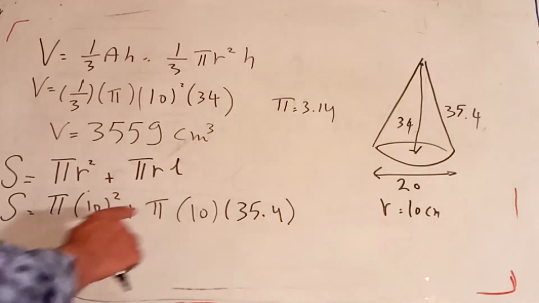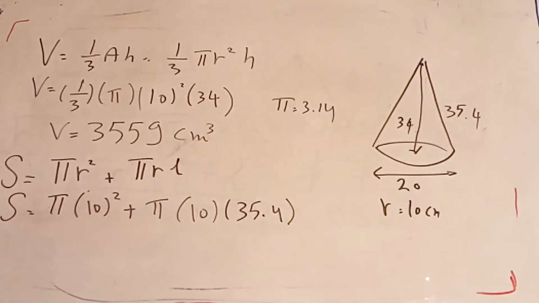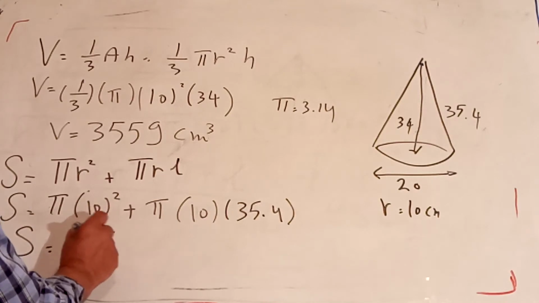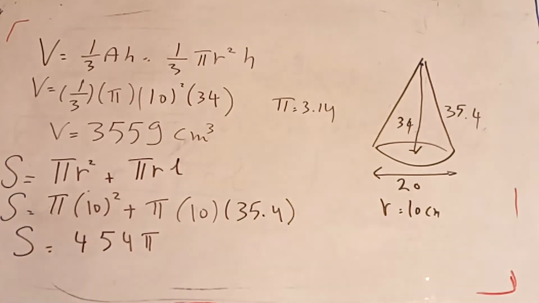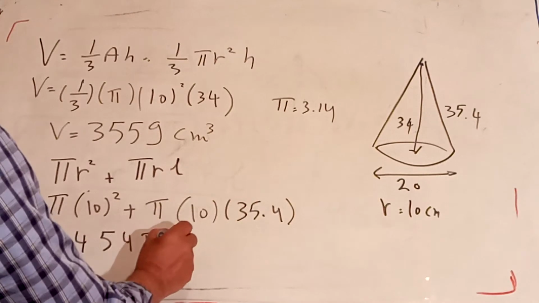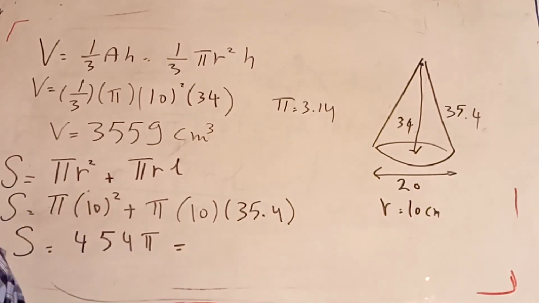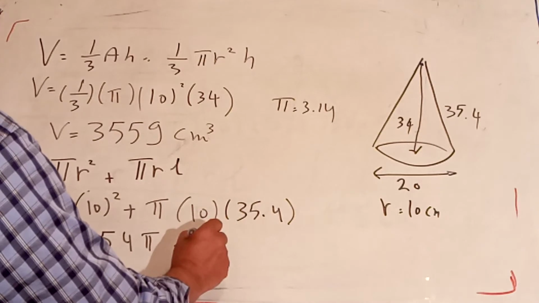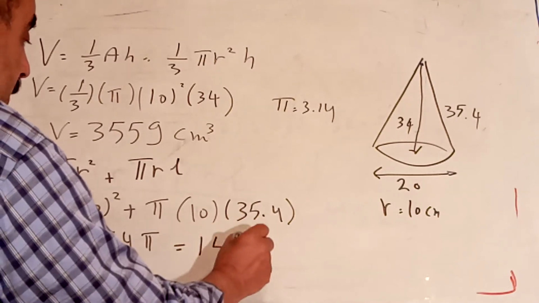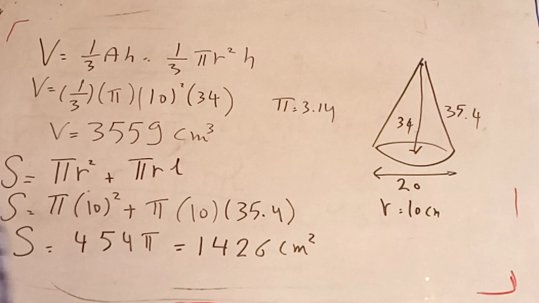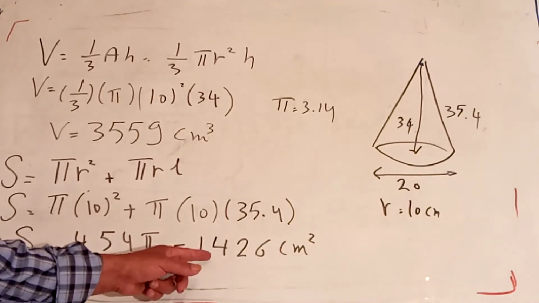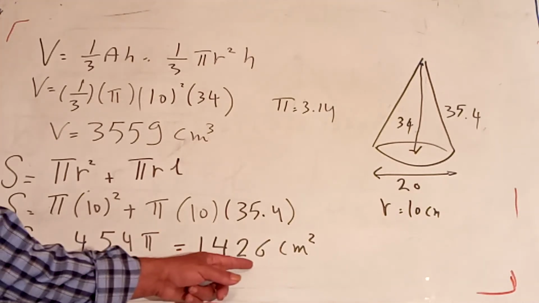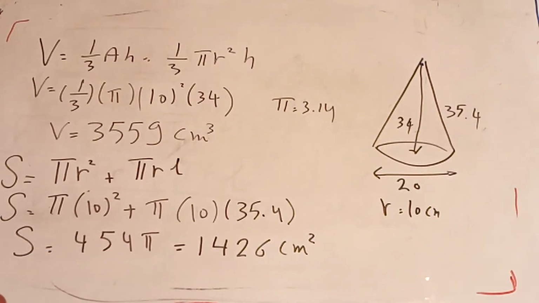This will be 354 plus 100, which is 454. So S equals 454 pi. If you use pi as 3.14, it will be 1,426 centimeters squared. If he wants to take it to the nearest whole tens, he can do it as 1,430. Both the answers are accepted.